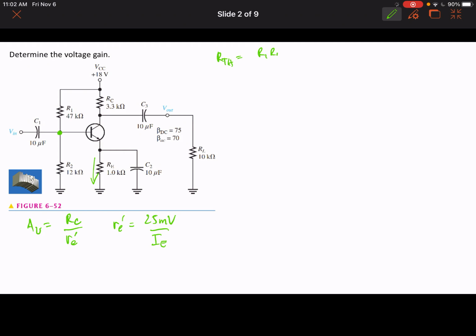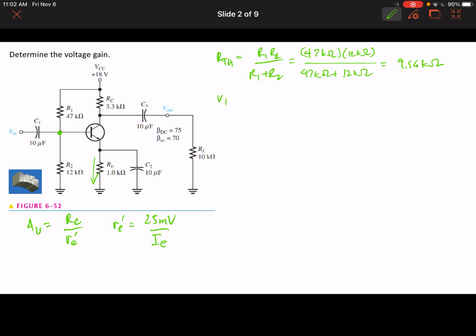Let's begin with the Thevenin resistance. Thevenin resistance is given by R1 times R2 over R1 plus R2. R1 we know to be 47 kilo ohms and R2 is 12 kilo ohms, divided by 47 kilo ohms plus 12 kilo ohms. This gives us a value of 9.56 kilo ohms.